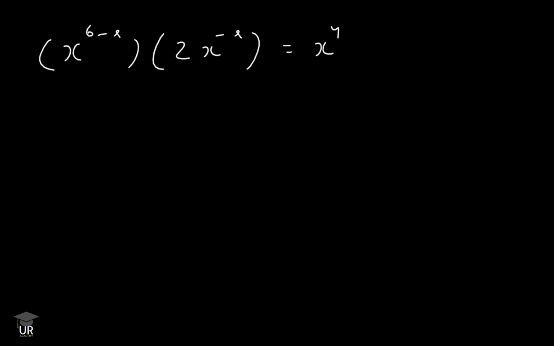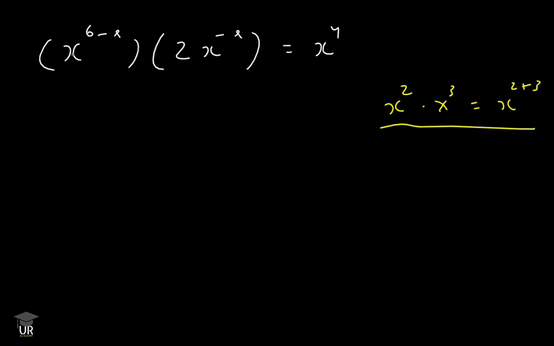We have previously seen that whenever we have, let's say, x to the power 2 multiplied by x to the power cube, the base remains x and the powers will add up. So this becomes 2 plus 3. This is what we will do here.